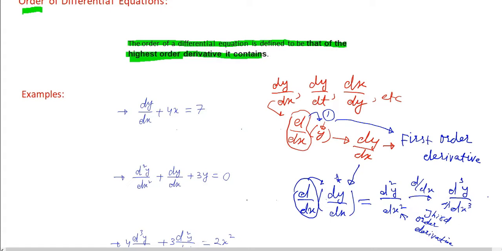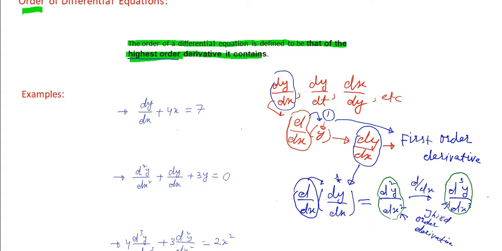Now, based on our definition of the order, we have the word highest order. A differential equation can contain only one of these, or it can contain two, or maybe this and this, or all of these terms together, like in this equation.